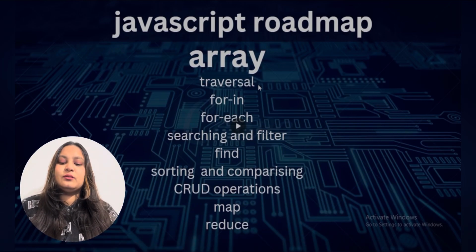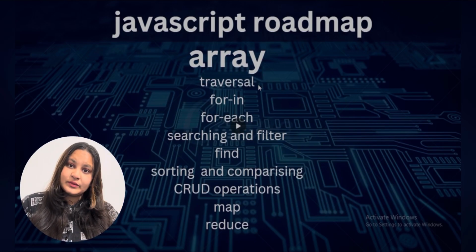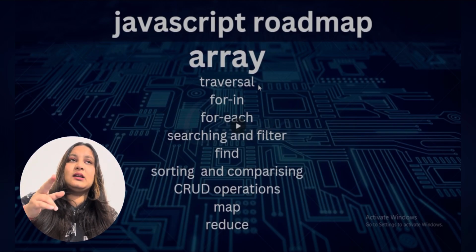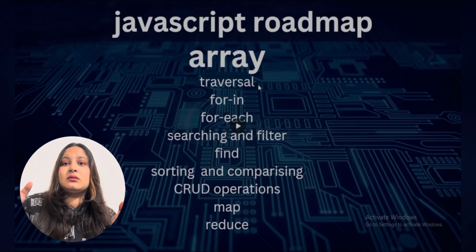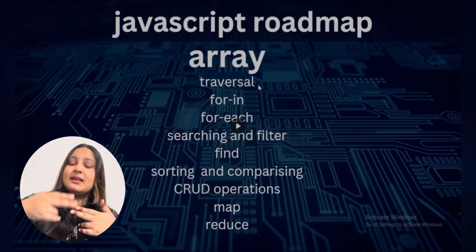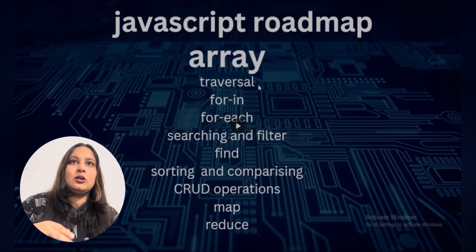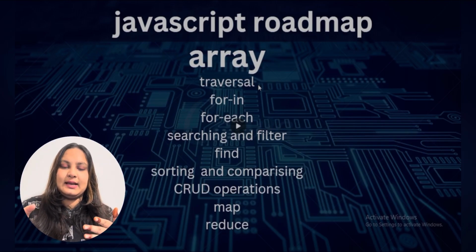Okay. And of course, traversal of an array, because an array is a collection of many different things: numbers, or different kinds of data types. We can store many different data types together. Like if we have to store some numbers, like the table of 2, we store 2, 4, 6, 8, like that.